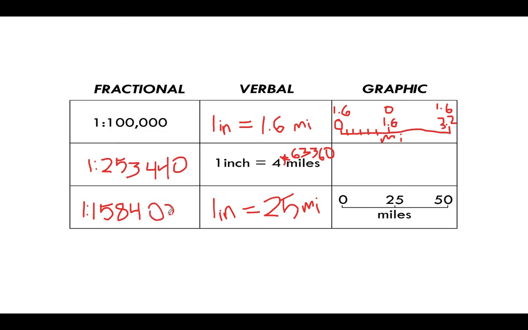Yeah, that's kind of nice and round and pretty, although hard to draw. All right, so that would be that one there. Does that make sense? Hopefully that makes sense. That's how you would convert back and forth with these things.